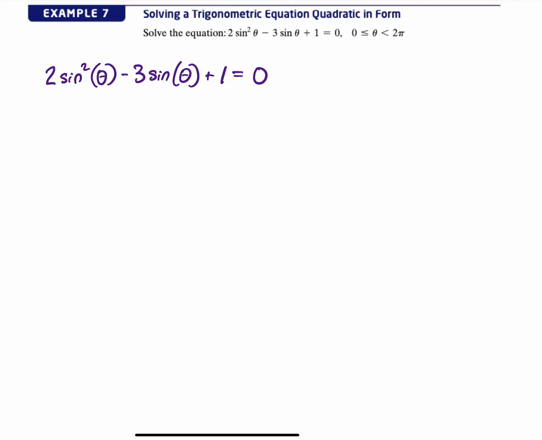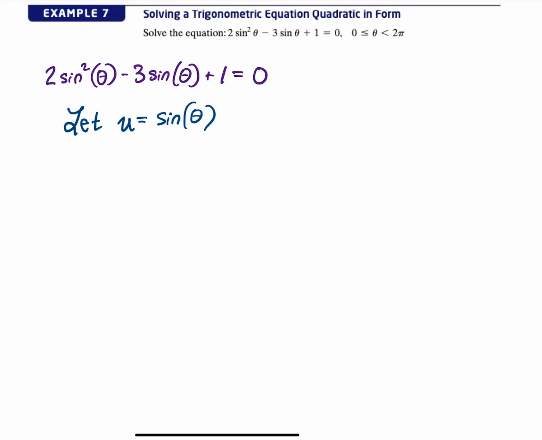So notice we have that same kind of setup. We have something squared and something to the first power. Now instead of x, it's the sine function. But we can still apply quadratic methods. And I'm going to do another substitution here. Again, this is just a visual aid. I'm going to say let u equal the sine of theta.